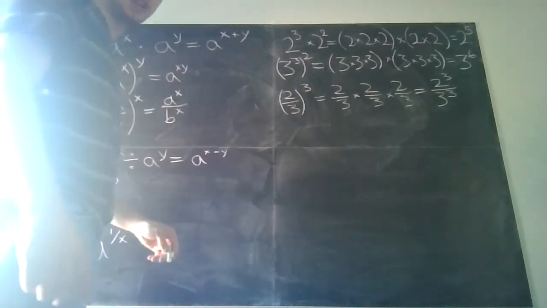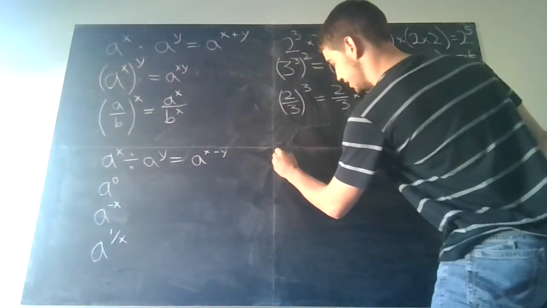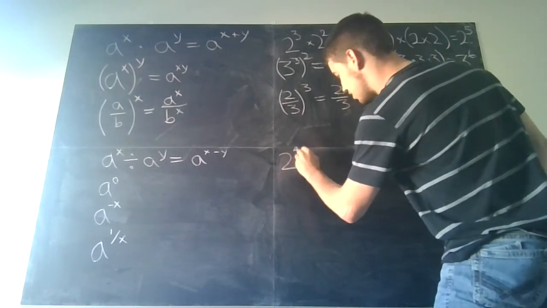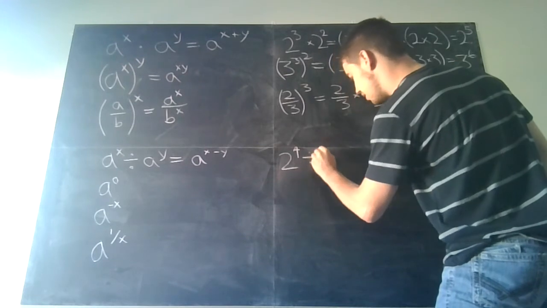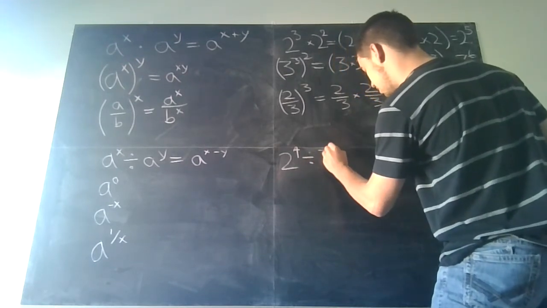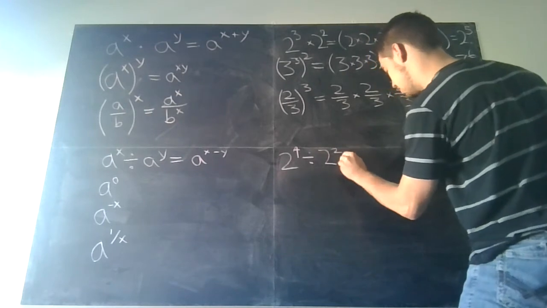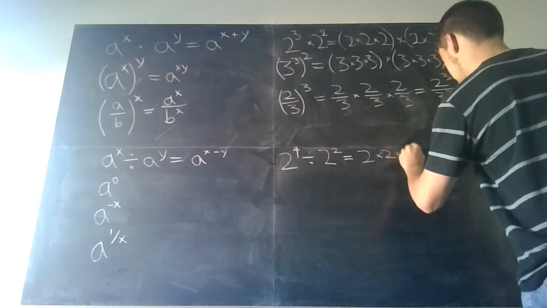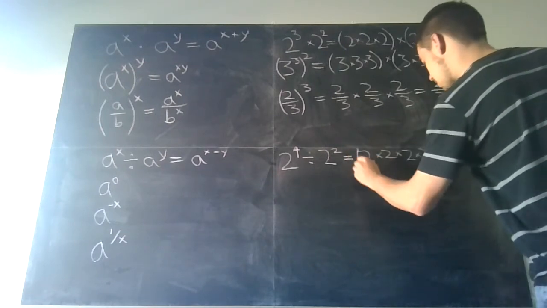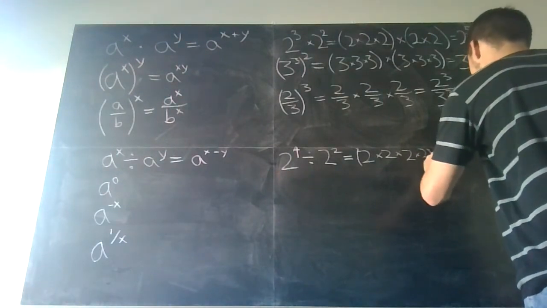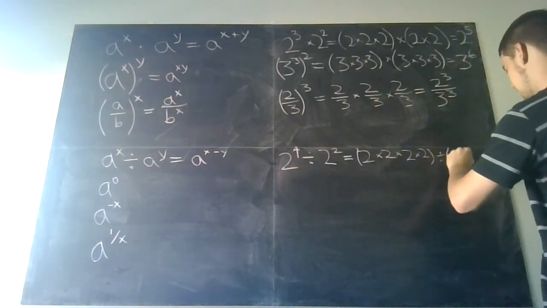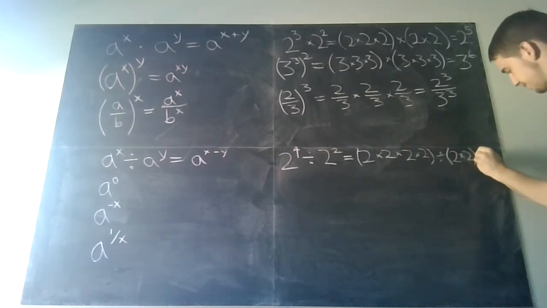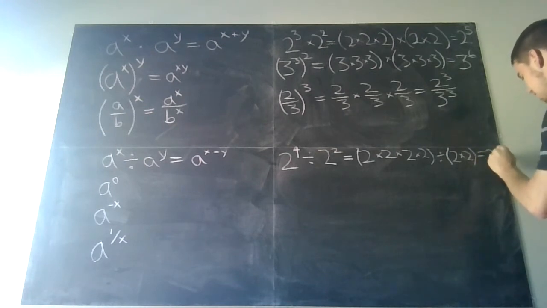So where we can go from here is, let's say, 2^4 divided by 2 squared equals 2 times 2 times 2 times 2 divided by 2 times 2. We know we can cancel this with that and this with that. So we have 2 of them left, giving us 2 squared.